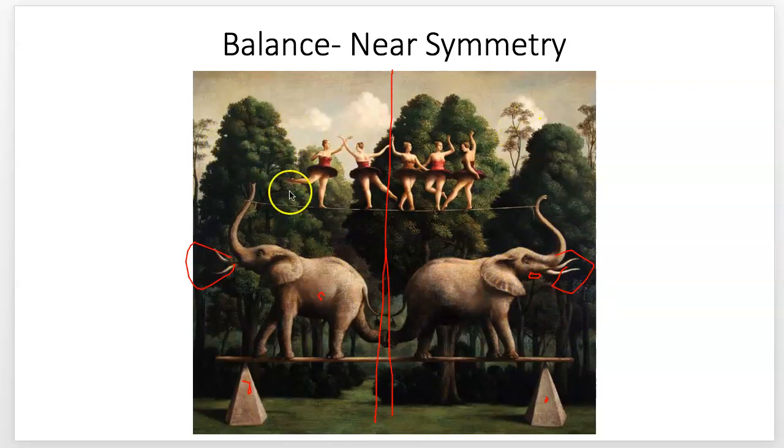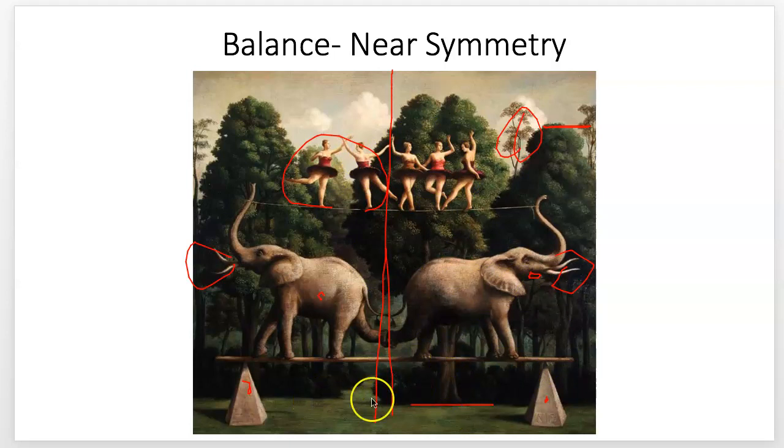And over here, up in the sky, there's a little change. This is almost this, but this isn't quite as high as that. There's an extra tree, so it's not quite symmetrical. And with the ballerinas at the top, there are 3 here and 2 here. But you get the feeling of balance because these ones have a wider pose, and there's a space here that feels like a third person could be in it. So it's near symmetry, but it's broken up.